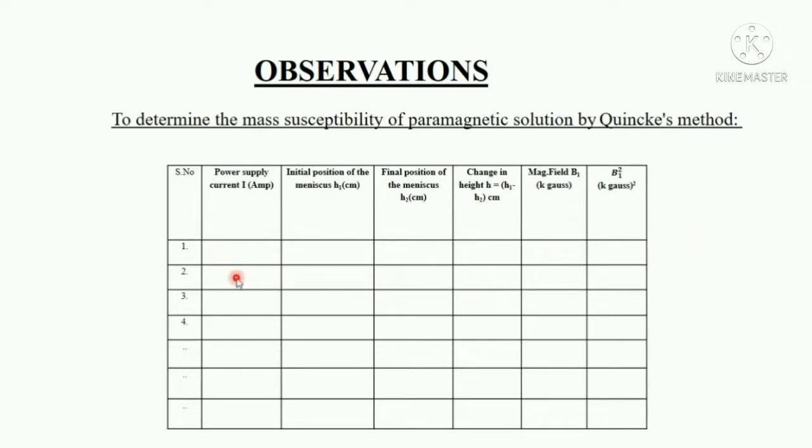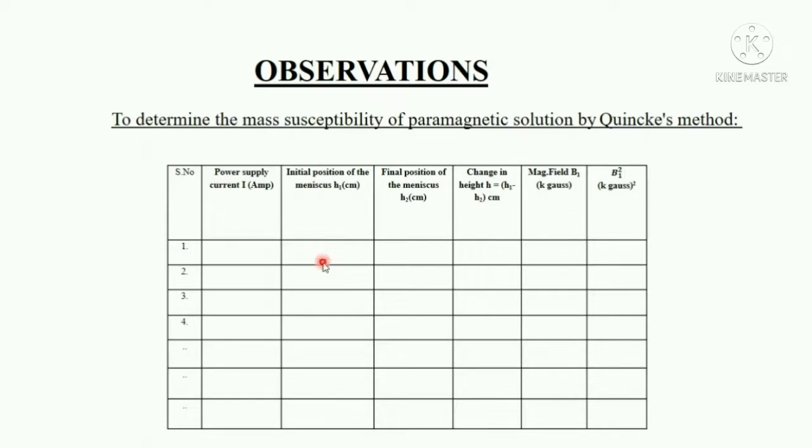Then we will take the 100% solution between the magnetic poles, adjust the crosswire at the liquid meniscus and take the reading of the vernier scale and main scale. That will give us the initial position for that concentration of the solution. We'll note down that the initial reading will be the same for all the currents.